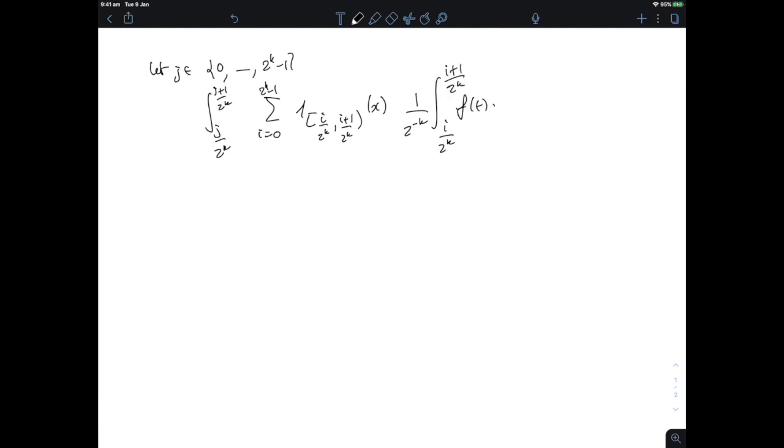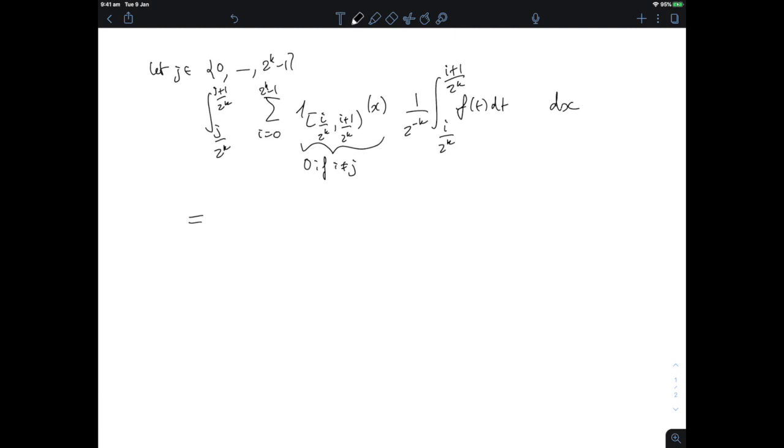Now notice that in this sum only one term is non-zero, because this is 0 unless i is equal to j, because the intervals in Dk form a partition, they do not intersect.